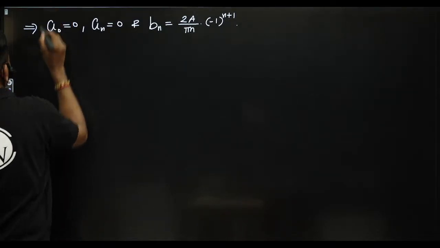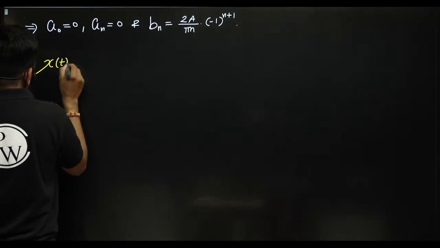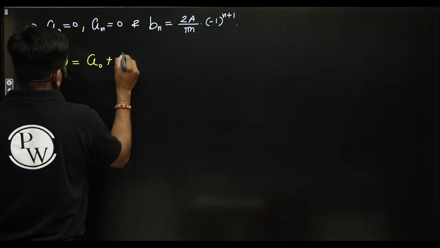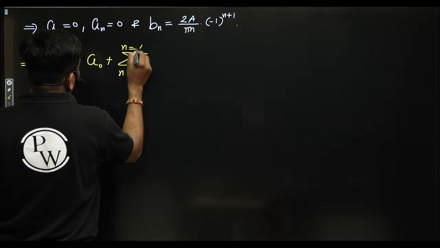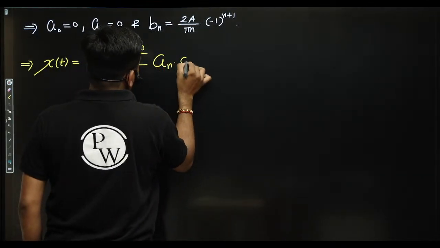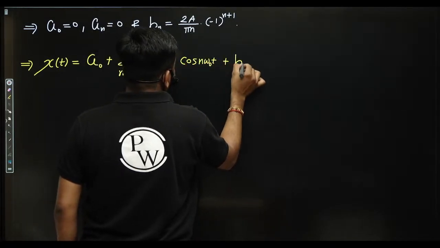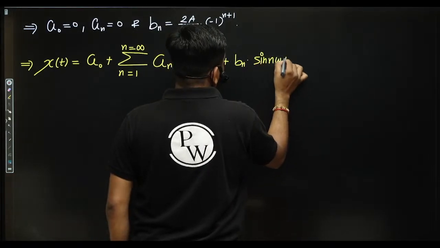Okay, so here x of t, guys, what is the trigonometric Fourier series representation? In general, a0 plus summation n from 1 to infinite, an cos n omega 0 t plus bn sin n omega 0 t.